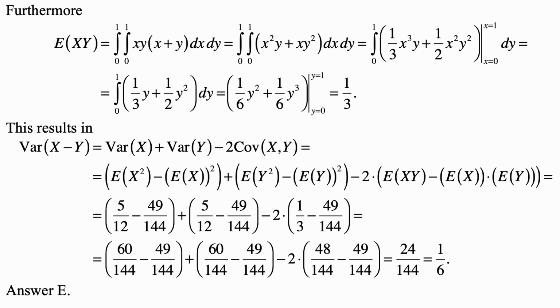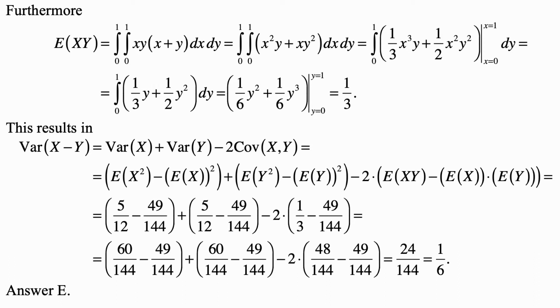That's 5/12 minus 49 over 144. That's the square of the mean. Again, plus 5/12 minus 49 over 144, minus 2 times 1/3 minus 49 over 144.